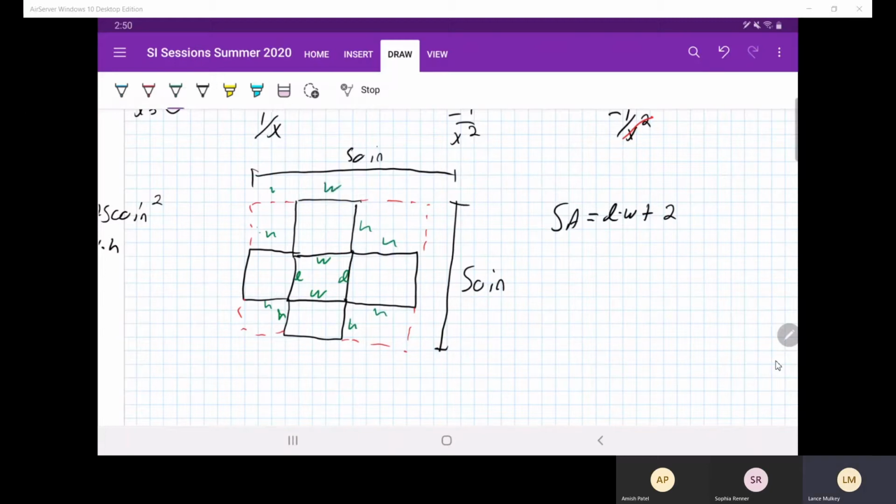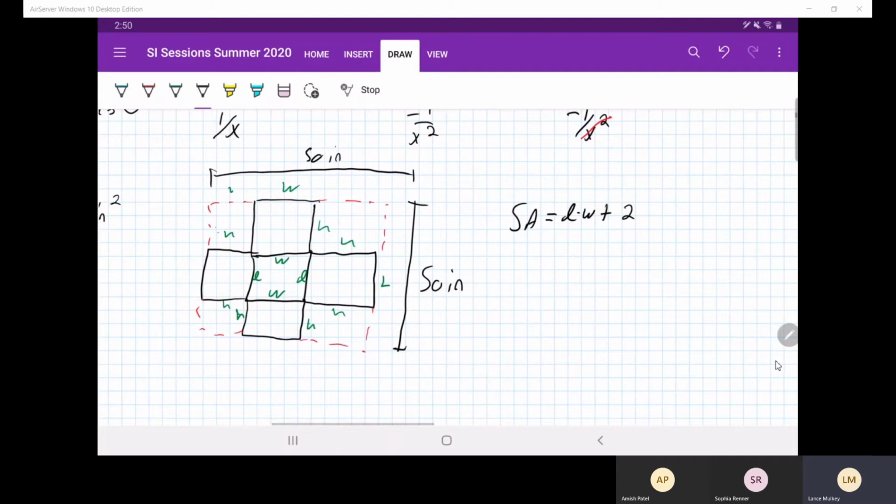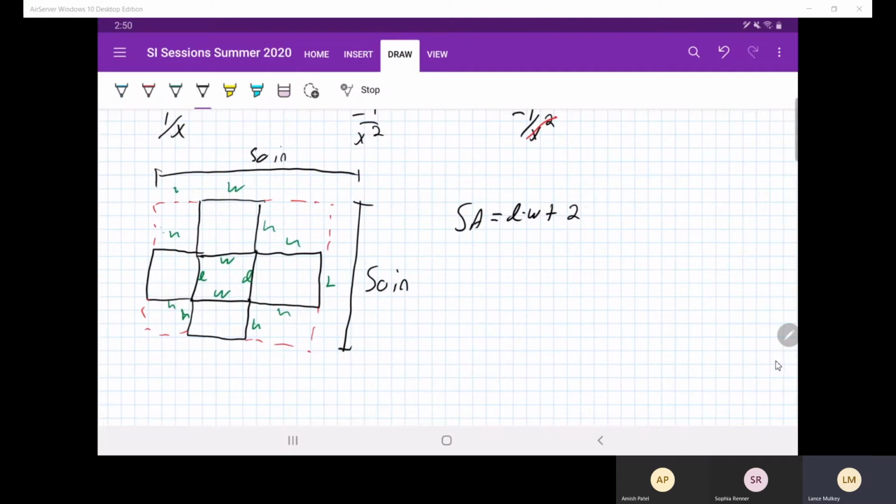And this is width, and this is length. So you get length times width plus 2 length times height. So you can get the surface area of that, plus 2 length times width.